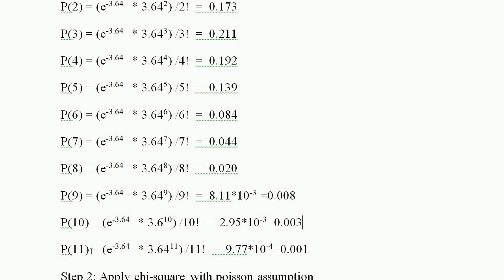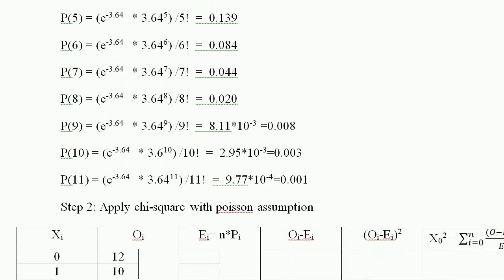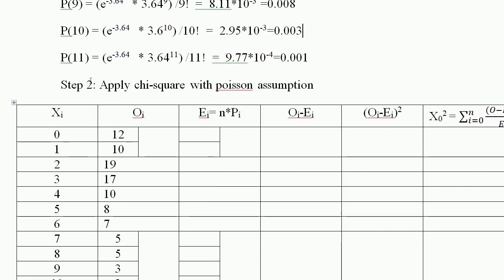Same for P of 11, you are going to get 9.77 into 10 to the power minus 4, that is 0.001. So here in step 2, we calculated the P of x value for all the values of x from 0 to 11. That is from P0 to P11 that we calculated.